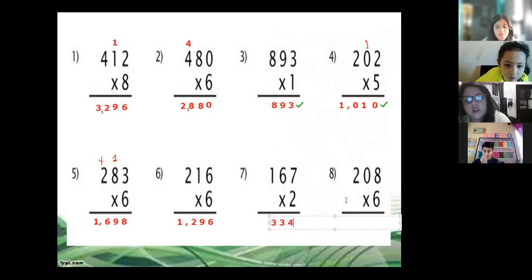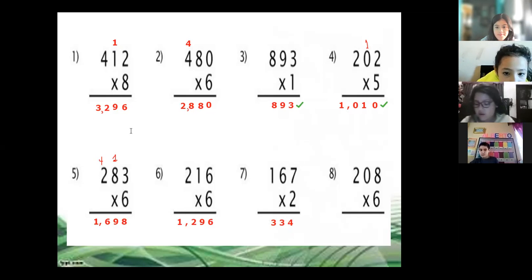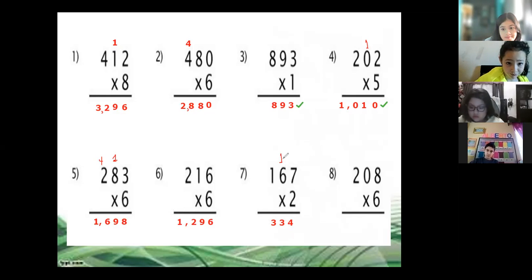Yes, let's check. Rebecca, what is the answer of 2 times 7? 14. So you write down 4 and you regroup number 1. Excellent. Now, Rebecca, 2 times 6 or 6 times 2? 12. 12 plus 1? 13. So we write number 3 and we regroup number 1 here as hundreds.